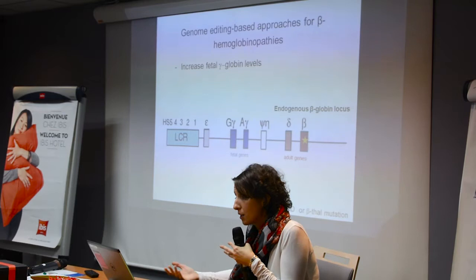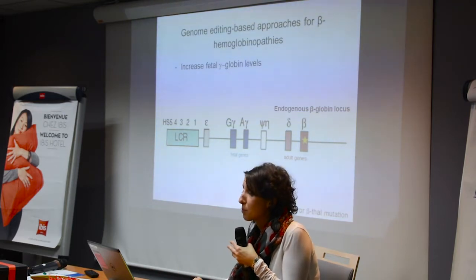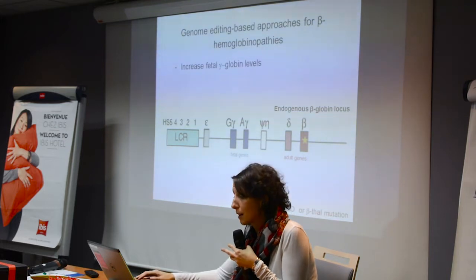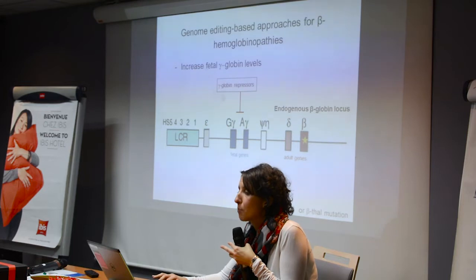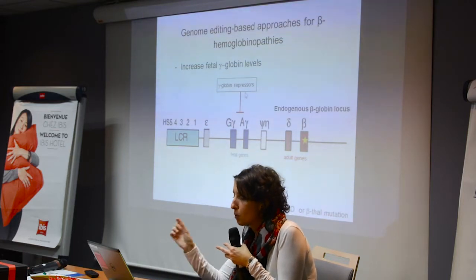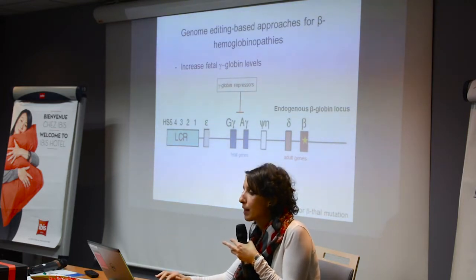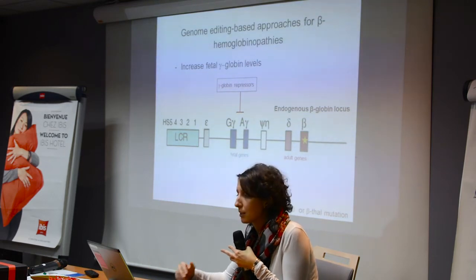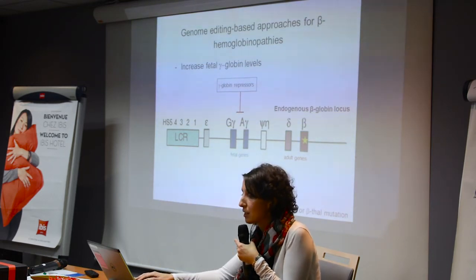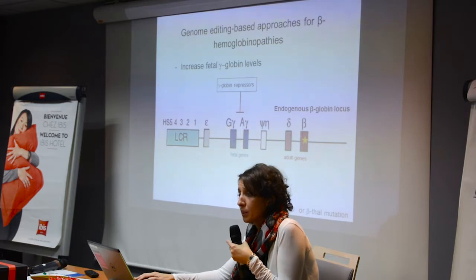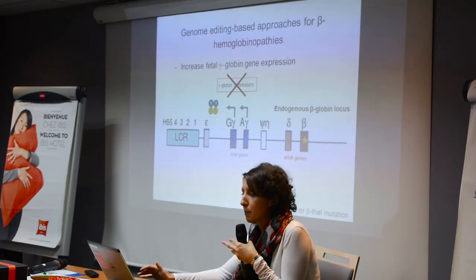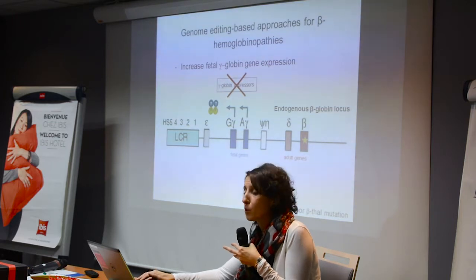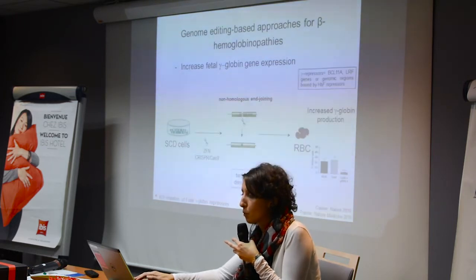The second approach, and this is the last approach that I'm showing you, aims at increasing the fetal gamma globin gene. As I told you before, there are several proteins, but even small DNA elements, which repress the gamma globin fetal gene. The idea would be to kill these gamma globin repressors, to inactivate them in order to increase fetal hemoglobin.